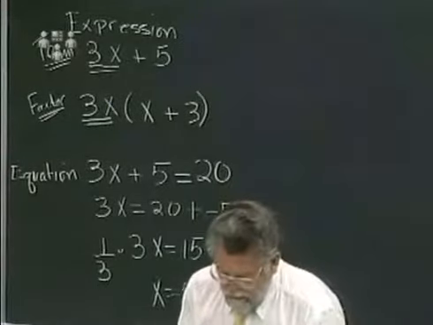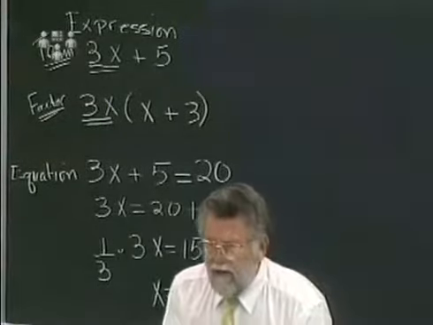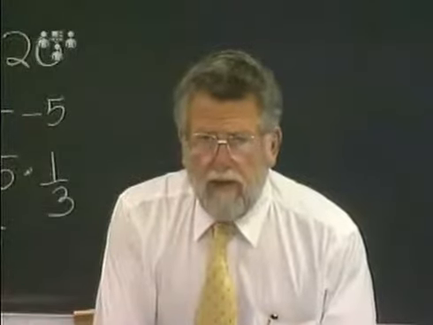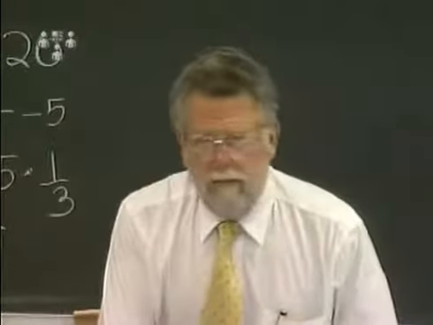Now, the second objective in this set is to see if a number is a solution, as we go to the document cam now, is a solution for an equation. As we come off there, the question is, where are you getting the number?